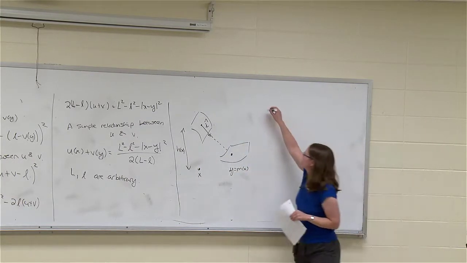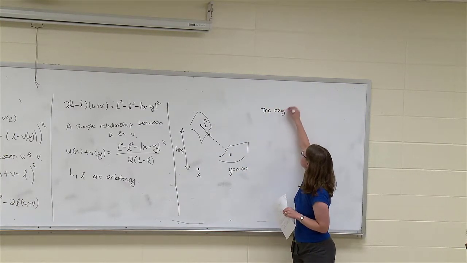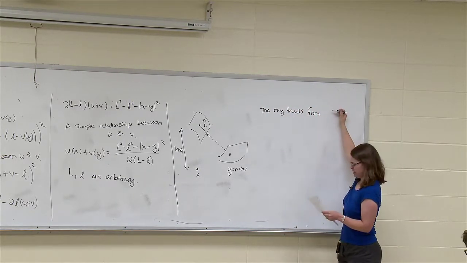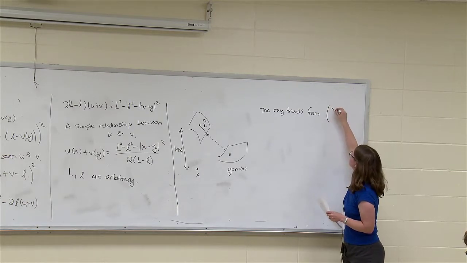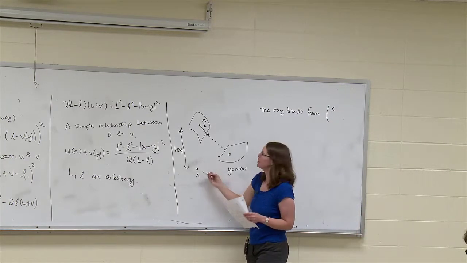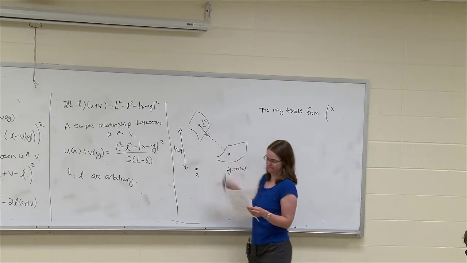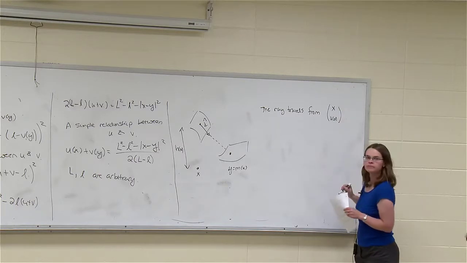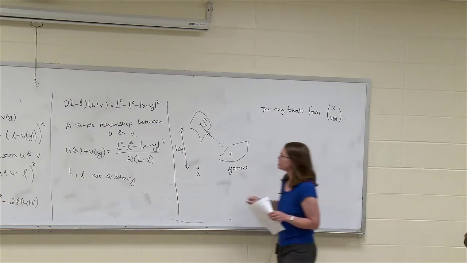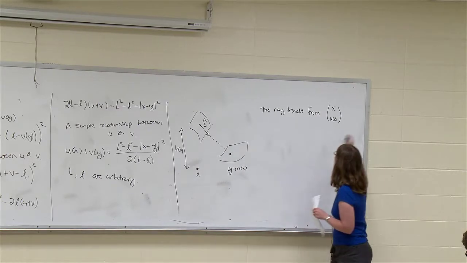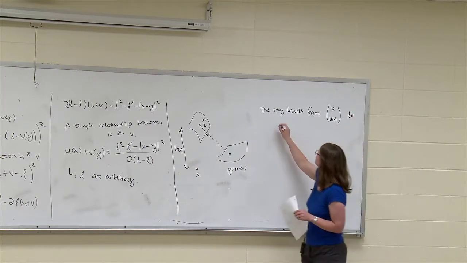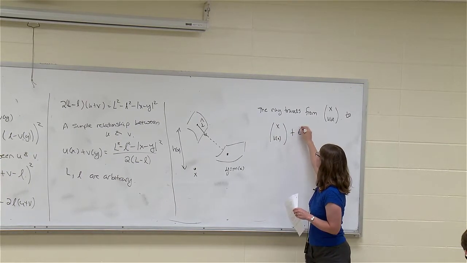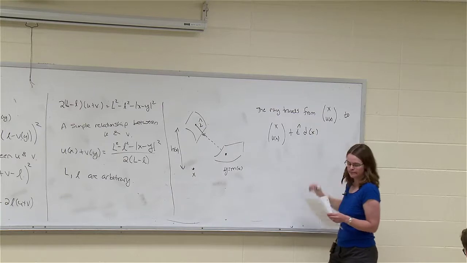So what's really happening? The ray travels from the position x in the horizontal plane, and height u in this plane. So x and u of x is where it starts. It travels along the t direction for a distance d, and it travels to x, u of x plus t hat times d of x.